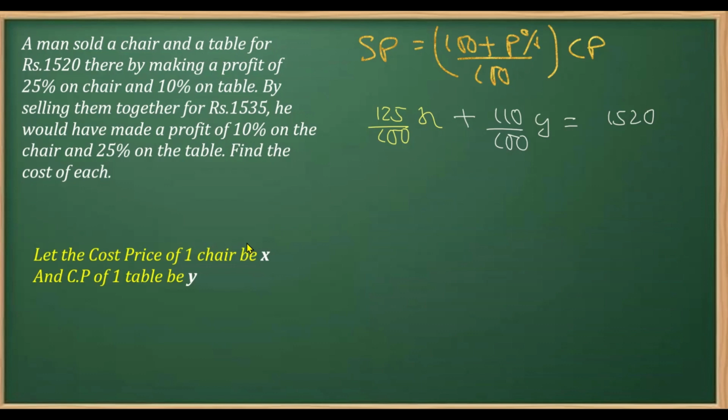If I take LCM, transposing 100 to the other side, I should get 152000. These two zeros will be transposed.